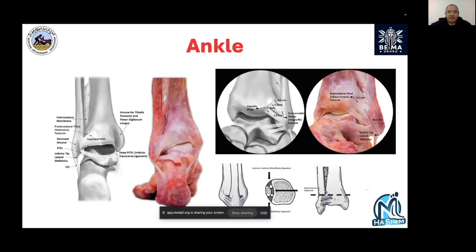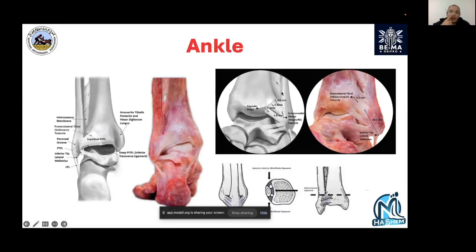And if we start to look at the ankle as a ligamentous structure, regarding the syndesmosis, the first joint, the syndesmosis is maintained by ligaments: the anterior inferior tibiofibular ligament, or AITFL, the posterior inferior tibiofibular ligament, the interosseous ligament, and the interosseous membrane.